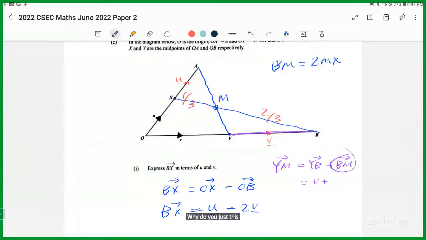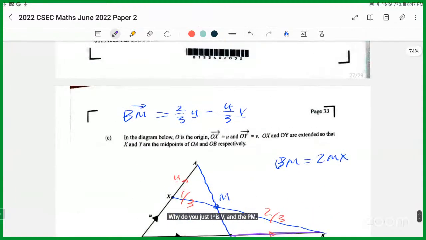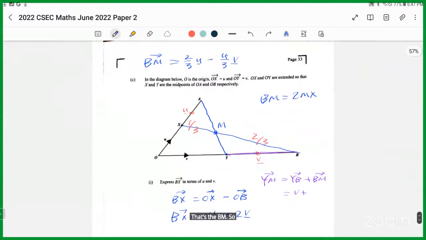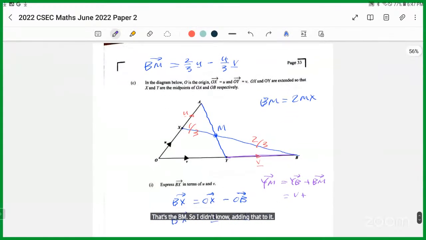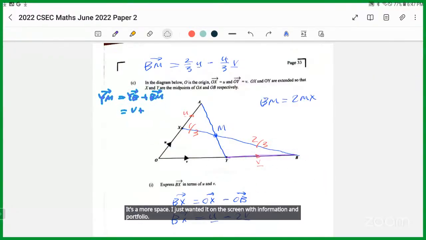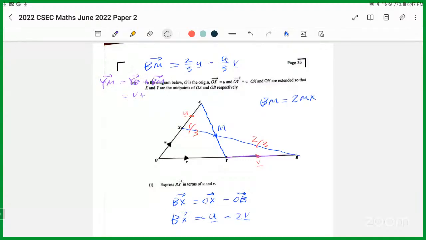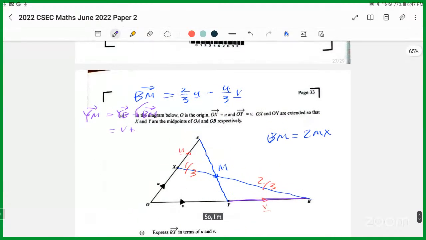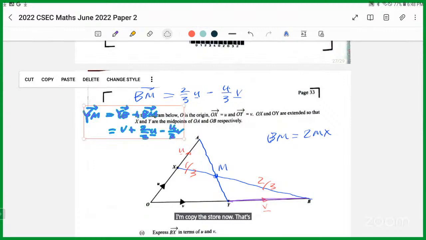The BM is this vector up here. So I'm adding this BM, which is 2/3 u minus 4/3 v. I'm copying this down now. That's the YM part.